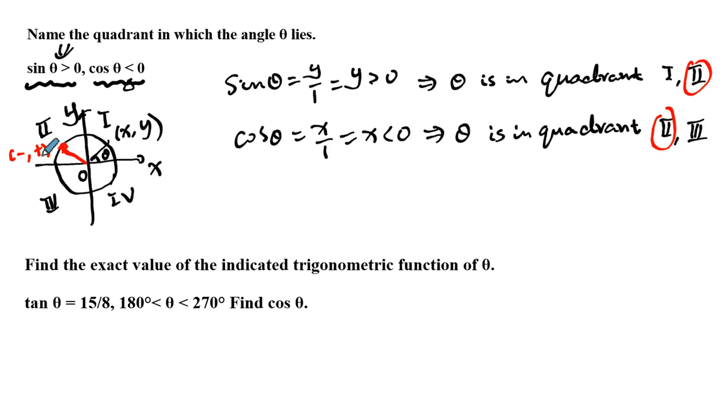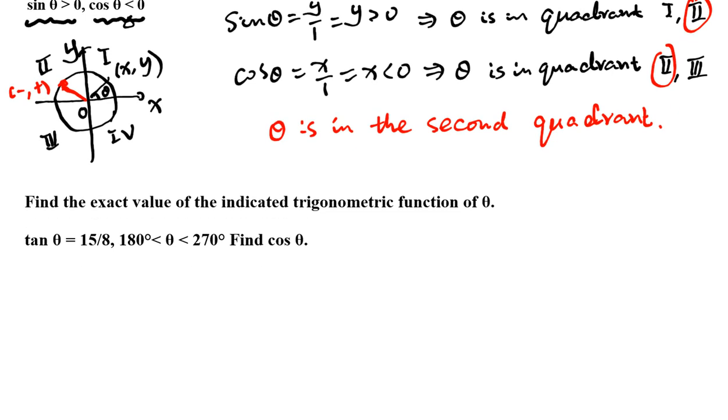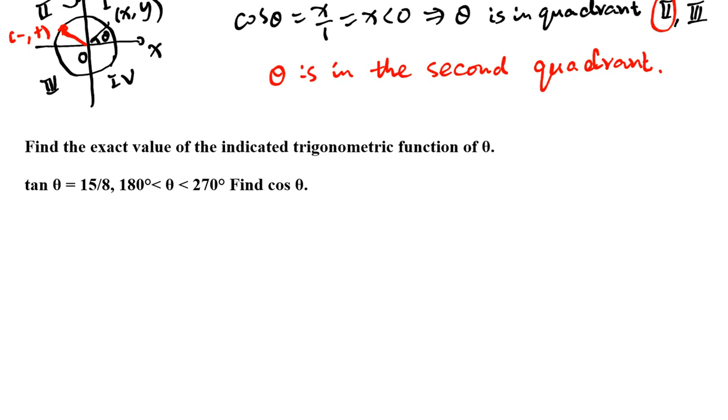So it tells us theta is in the second quadrant. Okay, all right. That's the first question.